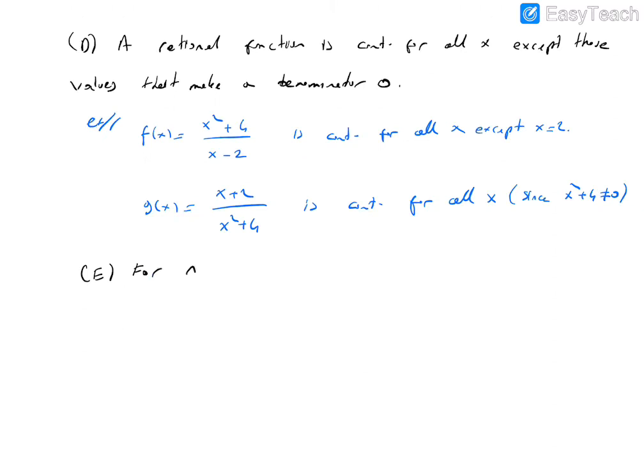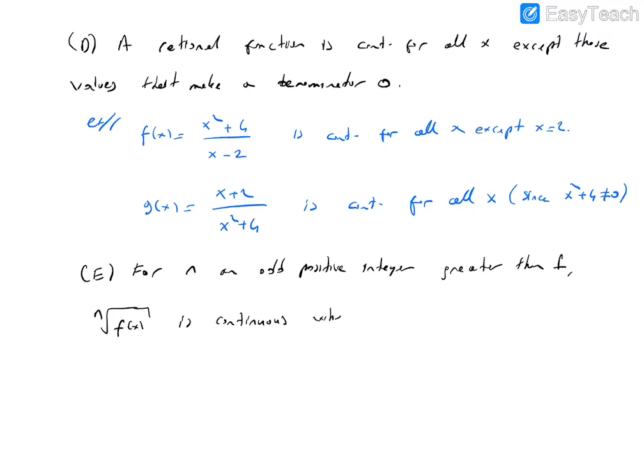Next one, for n an odd positive integer greater than 1, the nth root of f of x, in general, is continuous wherever f of x is continuous.